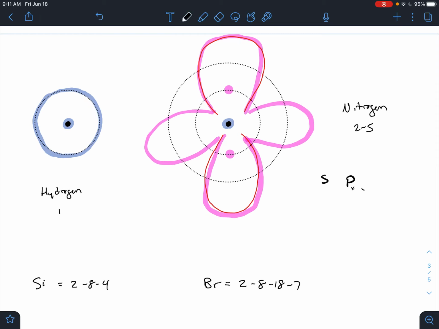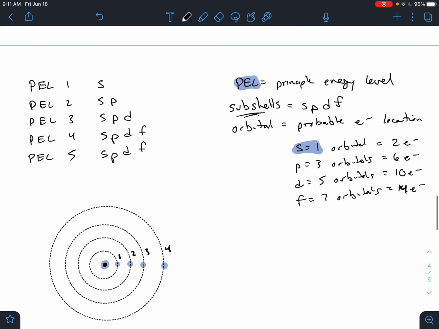We usually say X, Y, and Z for their location on a plane. So we have 2 electrons somewhere in that sphere, and then we could have up to 2 electrons in each of those P's.